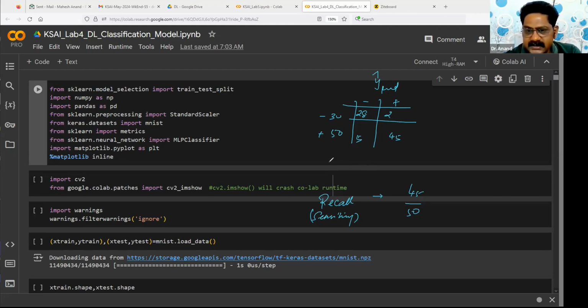In that case, the specificity of the model is 28 upon 30. So specificity is slightly greater than sensitivity here. Obviously, if you calculate the fraction, you will get a slightly higher score for this, slightly lower score for this. So that is why we assign positive to the abnormality class.